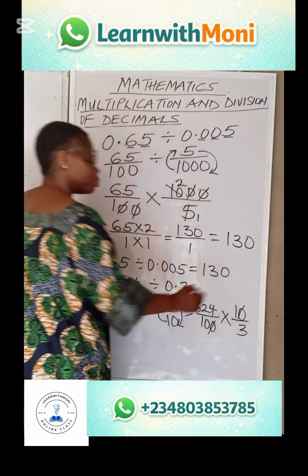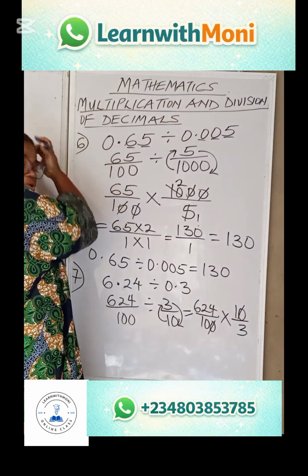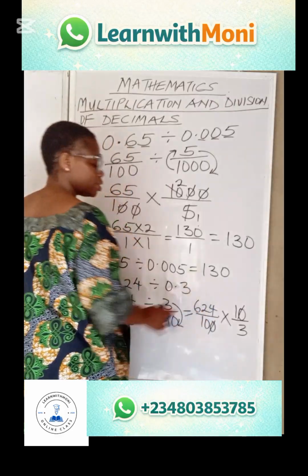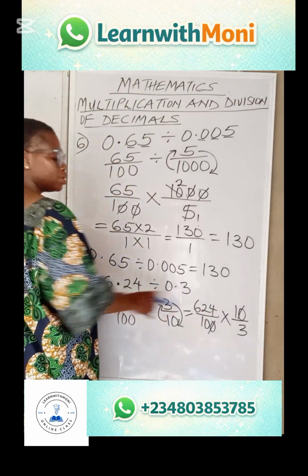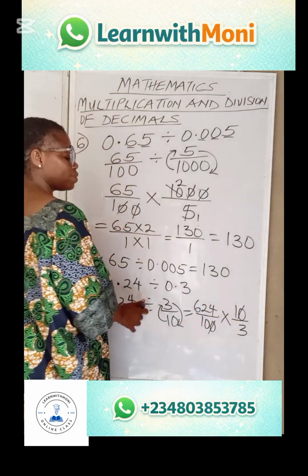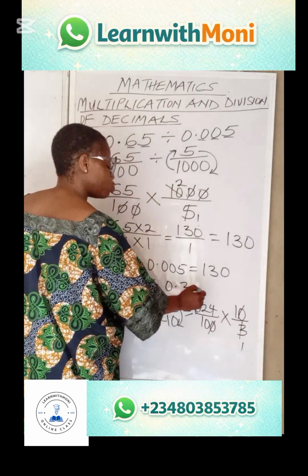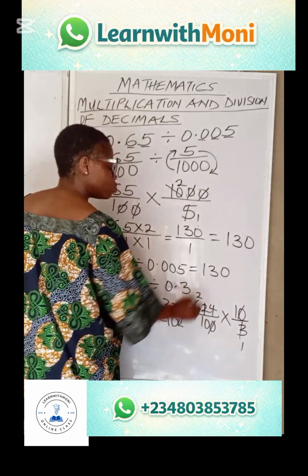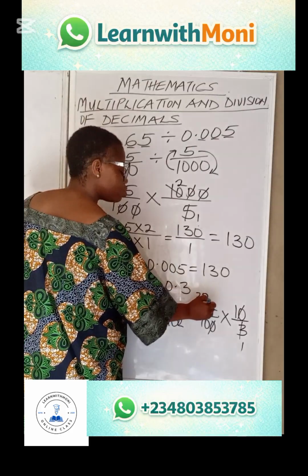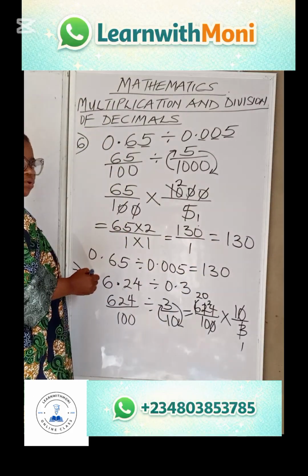0 cancels 0 because 10 divided by 10 is 1 and 100 divided by 10 is 10. 3 can also divide 6. 3 divides 3 once. 3 divides 6 2 times. 3 divides 2 is 0. It will remain 2. You put that 2 beside that 4.